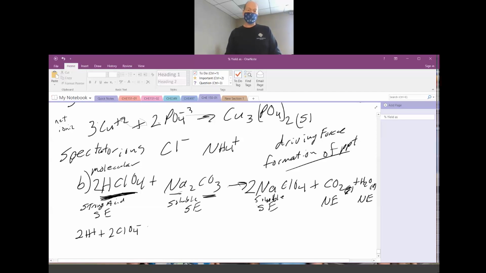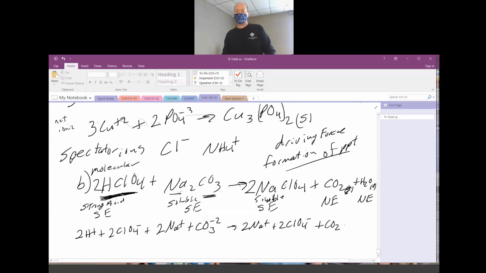All sodiums are soluble, break it up, strong electrolyte, 2 Na plus, and CO3 minus 2. All sodiums are soluble, break it up, 2 Na plus, and 2 ClO4 minus. All solids, liquids, and gases stay together, plus CO2 gas, plus H2O liquid.